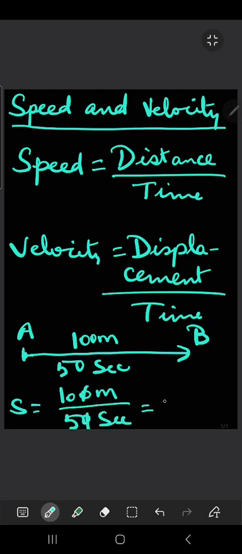Okay, that is 2 meter per second. So this 2 meter per second is the speed of the object.